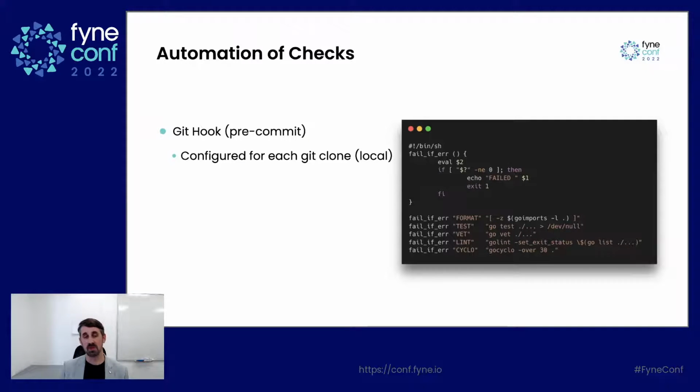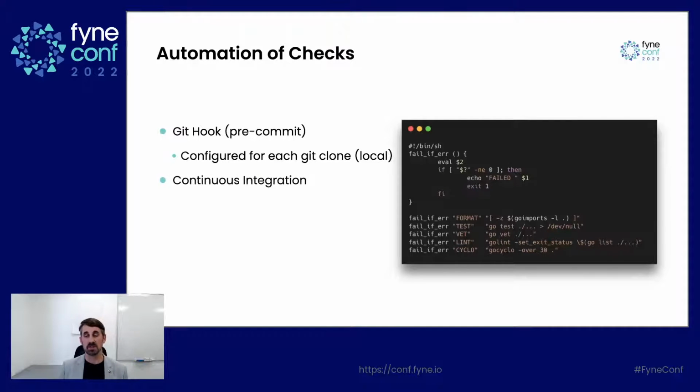Essentially, it is running through format, test, vet, lint, and cyclomatic complexity, one step at a time, and if the command matched to that label fails, then it stops and outputs an error message into your console. So this is going to run locally each time you're thinking about committing that code.